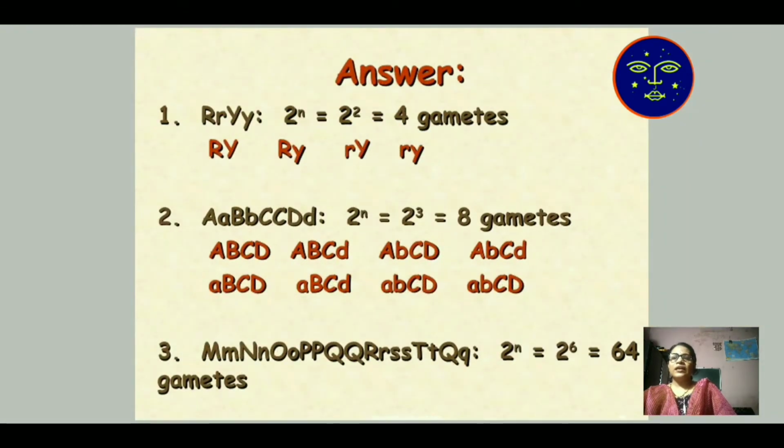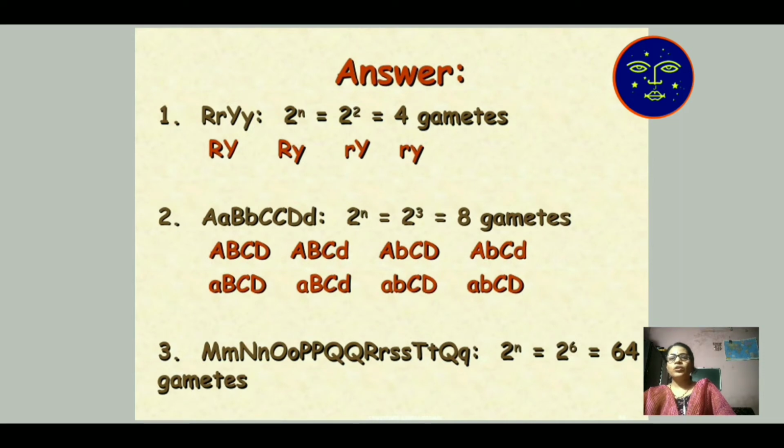The answer is capital R, small r, capital Y, small y. So four alleles are there, one dominant and one recessive for each character. Capital R, small r for one character, capital Y, small y for the other. So 2 to the power 2, that is 4 gametes are produced.